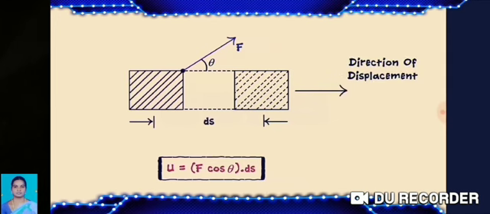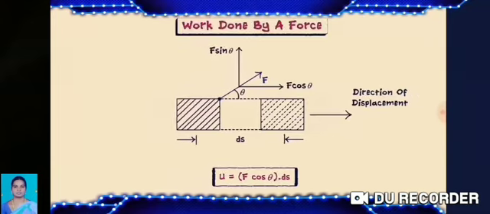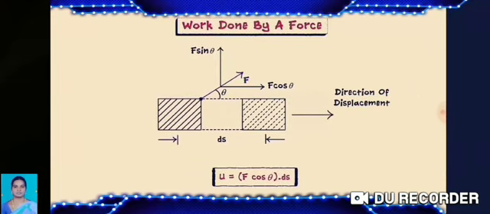Thus, we conclude that the work done by a force during the infinitesimal displacement is equal to the product of the displacement and the component of force in the direction of displacement.